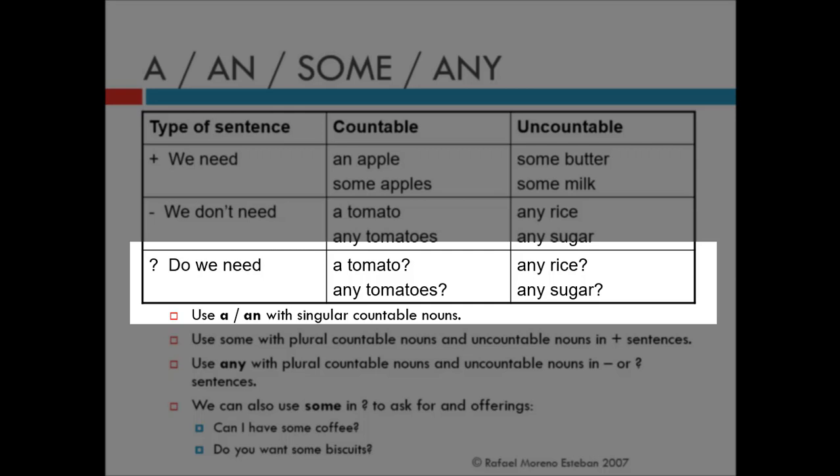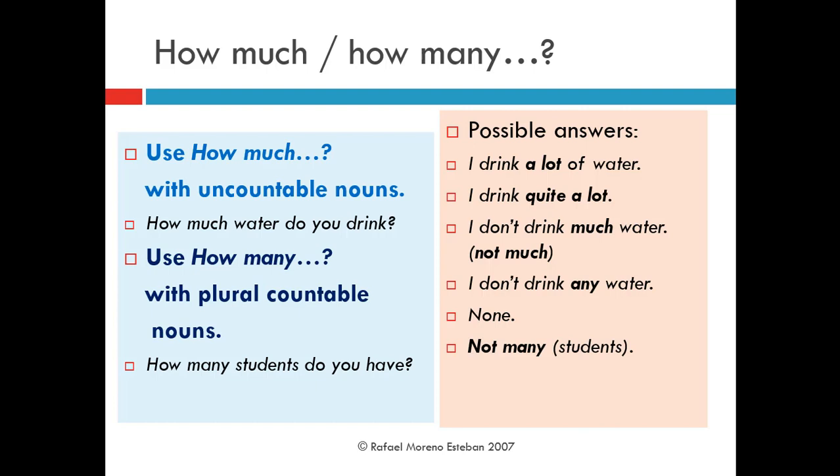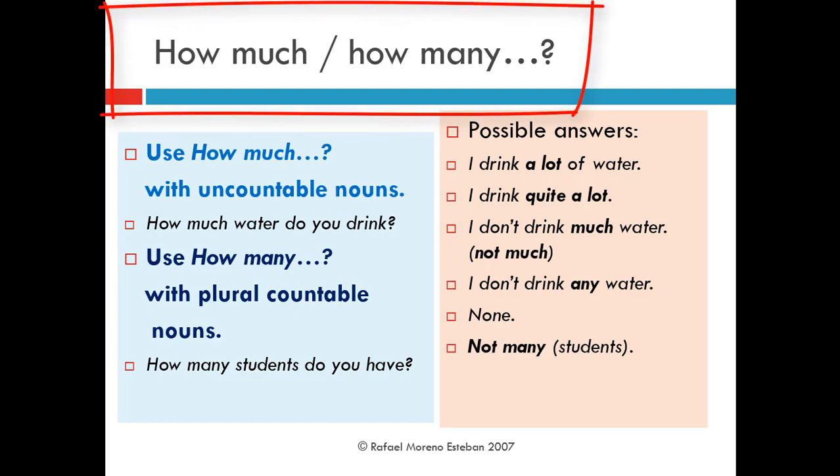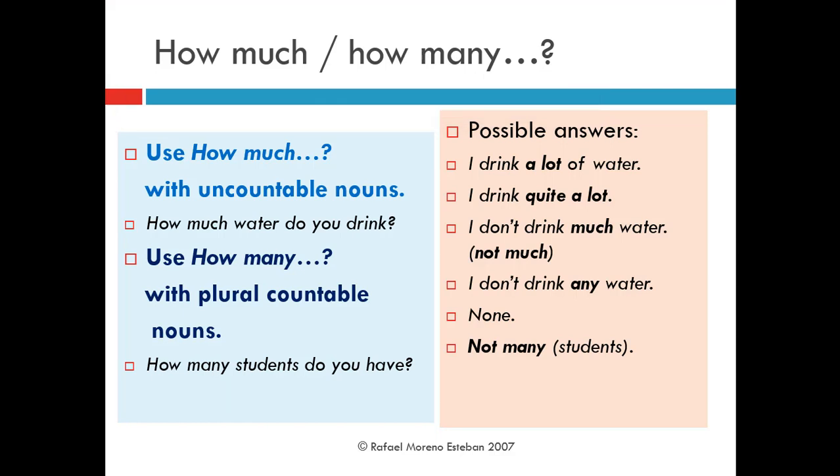And also we say, do we need any rice or any sugar? Something like that. We'll never use a or an with an uncountable noun. How much and how many. How much goes with uncountable nouns and how many goes with countable nouns. I give you an example, like how much milk. That's uncountable. But you say how many cars because cars are countable nouns.